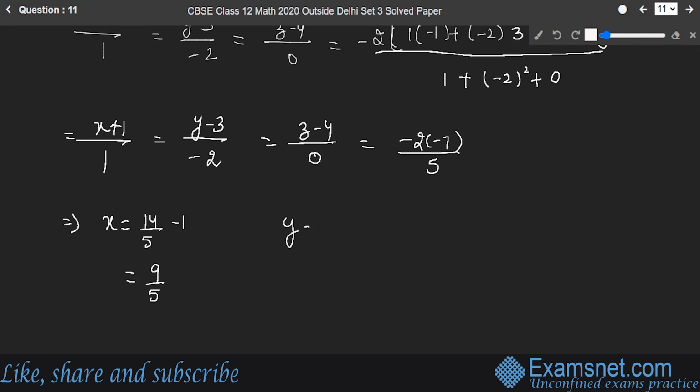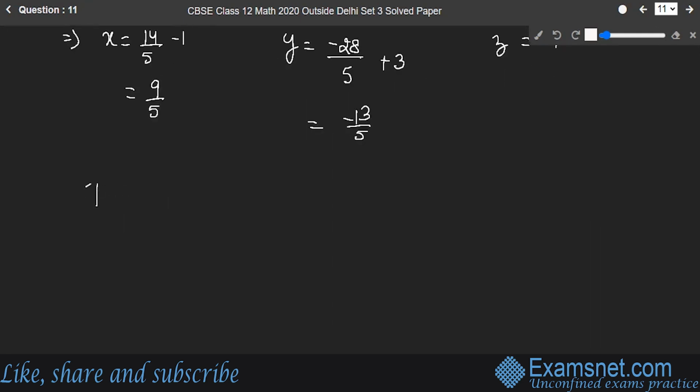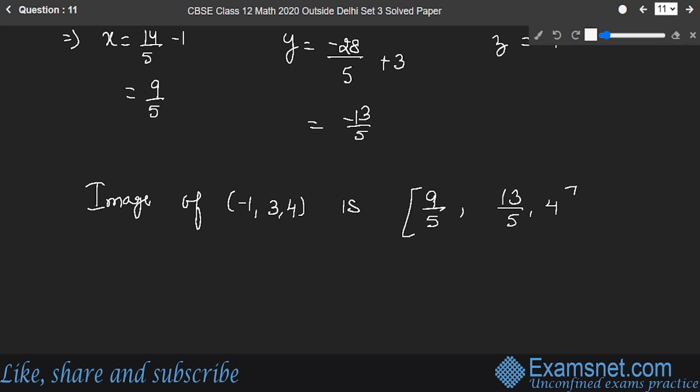Y is equal to minus 28 upon 5 plus 3, that's equal to 15 minus 28 upon 5, which is minus 13 upon 5, and z is equal to 4. Okay, so we got the point. The image of minus 1, 3, 4 is 9 by 5, minus 13 by 5, and 4. This is the answer to the question.